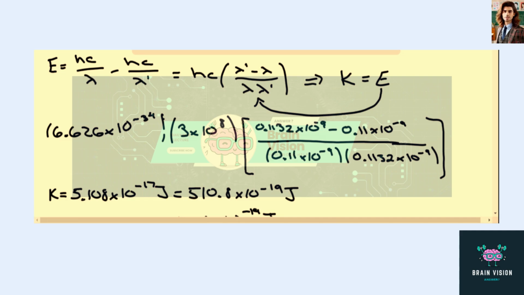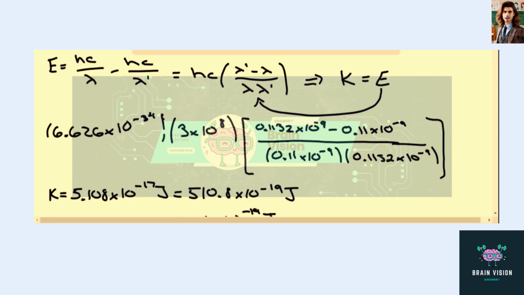So we do 6.626 times 10 to the negative 34 times 3 times 10 to the 8th multiplied by 0.1132 times 10 to the negative 9. We convert the nanometers to meters, minus 0.11 times 10 to the negative 9, divided by 0.11 times 10 to the negative 9 times 0.1132 times 10 to the negative 9.